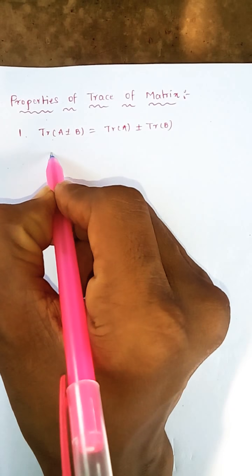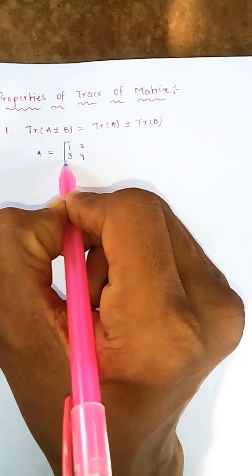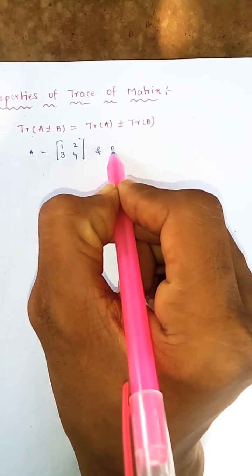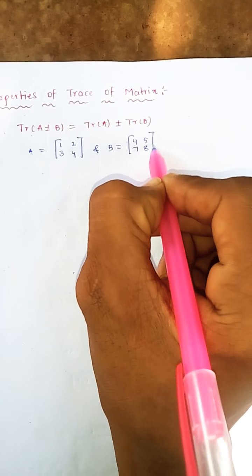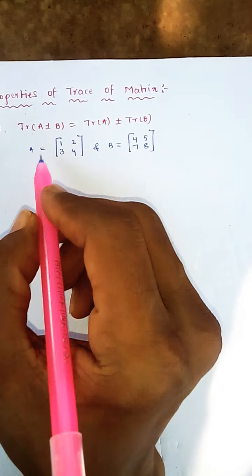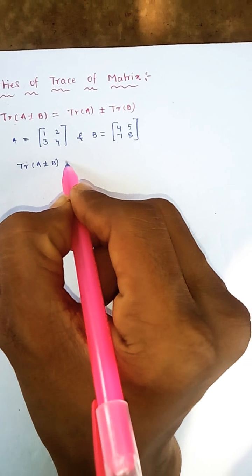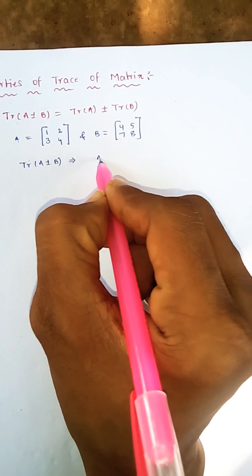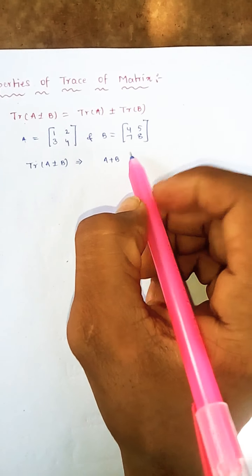Suppose A is equal to 1, 2, 3, 4 and B is equal to 4, 5, 7, 8. Coming to the left side of the property, trace of A plus or minus B, that is A plus B or A minus B, anyone you can take.